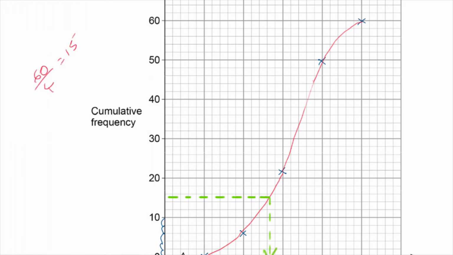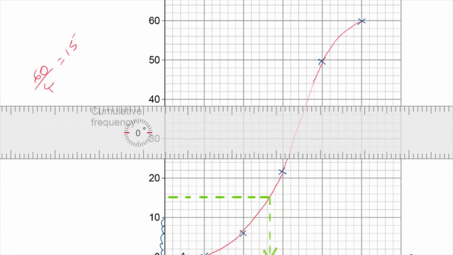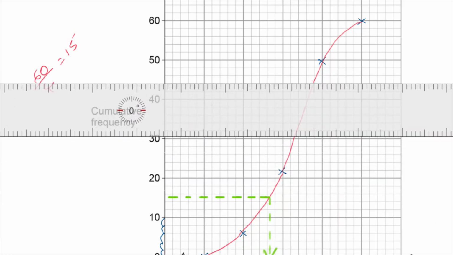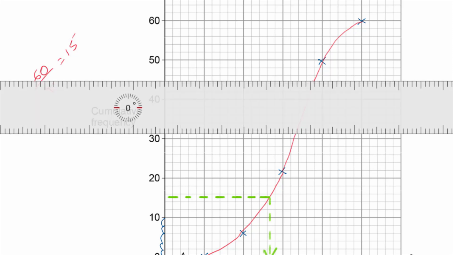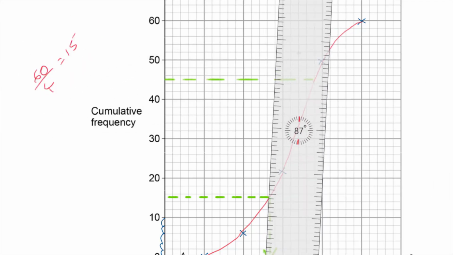And then my upper quartile is going to be 3/4 through my data set. So times 15 by 3 gives me 45. So again, I'm going to read across from 45 to find my upper quartile. Spin that round.